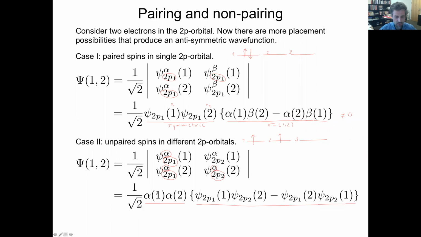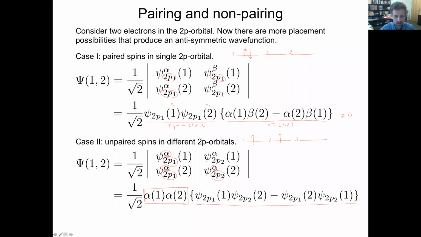I get now alpha 1, alpha 2, and I'm going to write it first to draw your attention to the fact that this looks very similar to the first term in the line above it here. It looks very similar to the orbital states. A symmetric orbital state. This is a symmetric spin state because the order doesn't matter here because these states are the same, both alphas. So the first term here is a symmetric spin state.